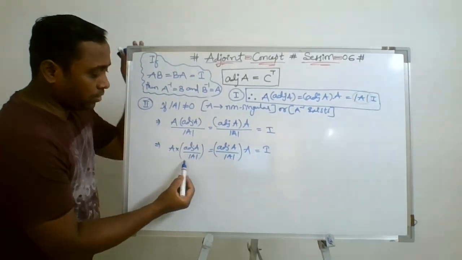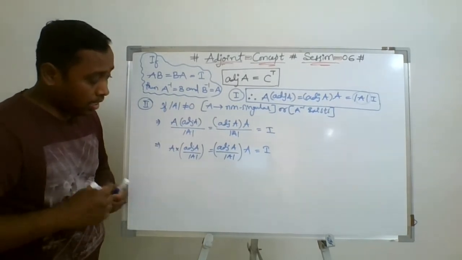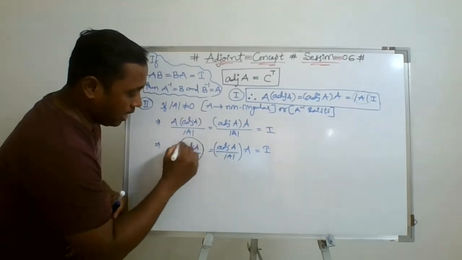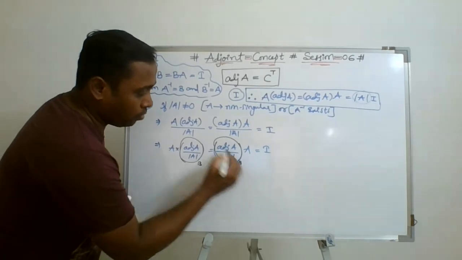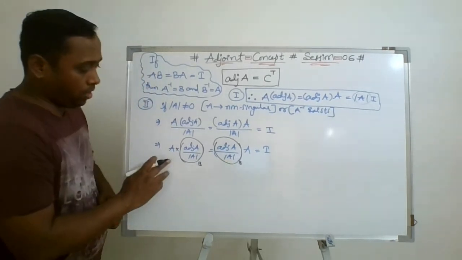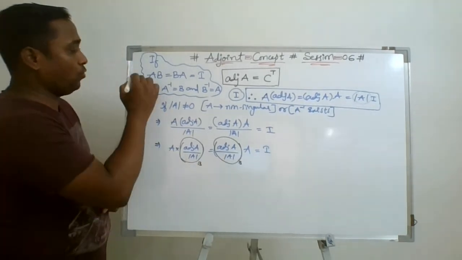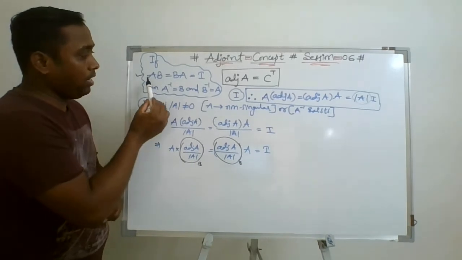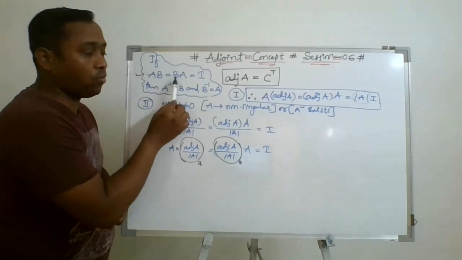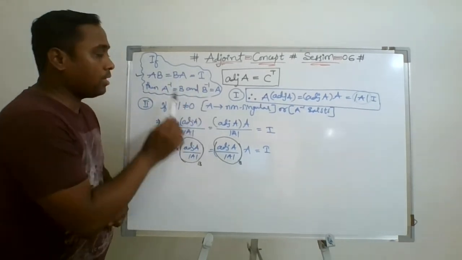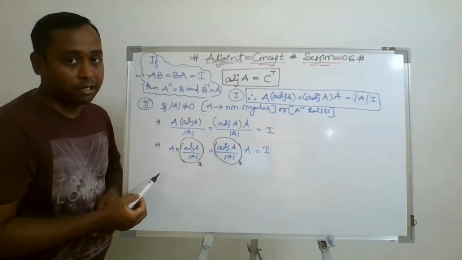So if I assume this quantity, adjoint A by det A, as B, then this entire statement becomes A into B is equal to B into A is equal to I. If any matrix equation follows this condition, A into B is equal to B into A is equal to I, then these two matrices are inverses of each other by definition.